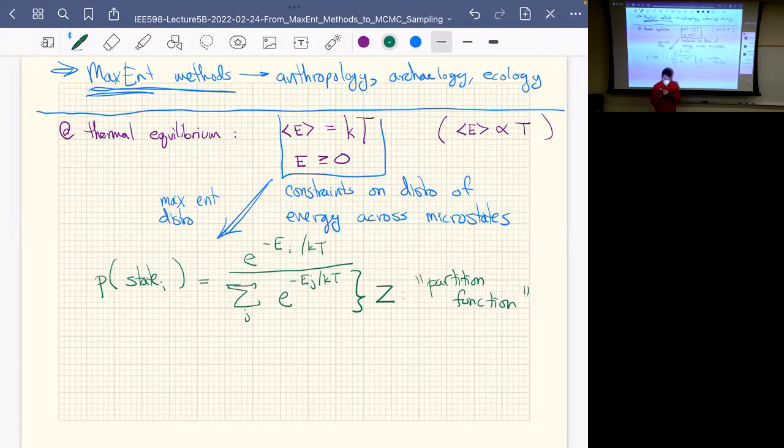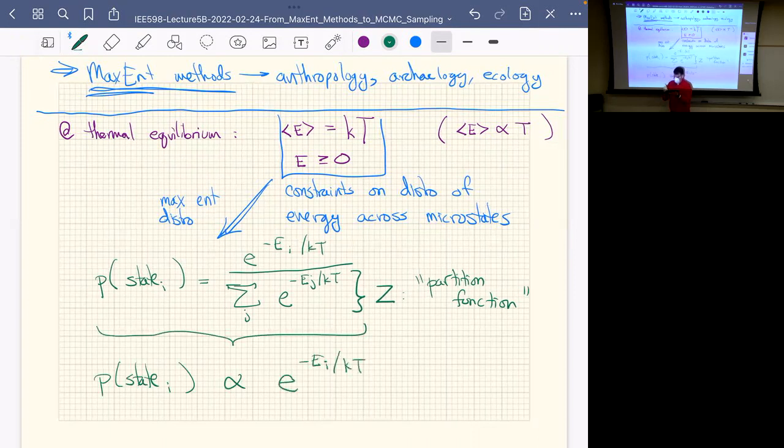And really, all this is saying here, because this is just a normalization, is that the probability of being in any particular state is proportional to the exponential of the energy of that state divided by kT. So if kT is the average amount of energy available, and Ei is the energy of that state, then you can compare Ei to kT.